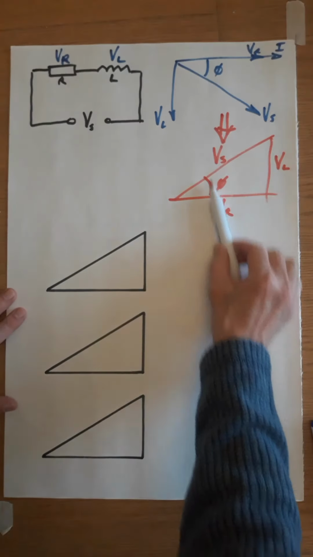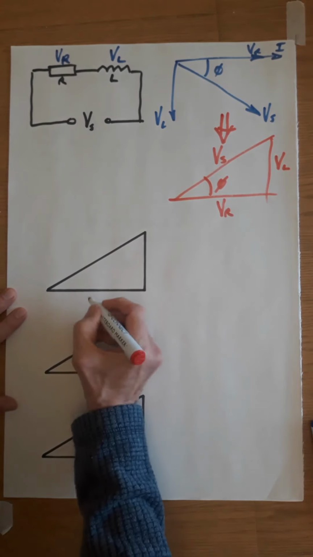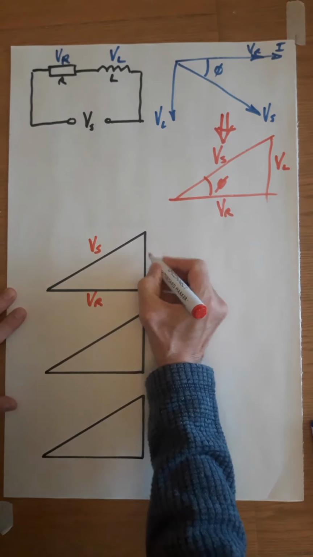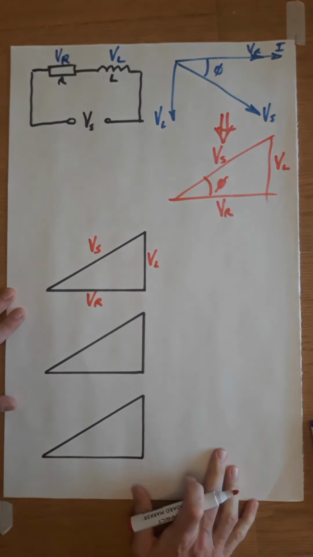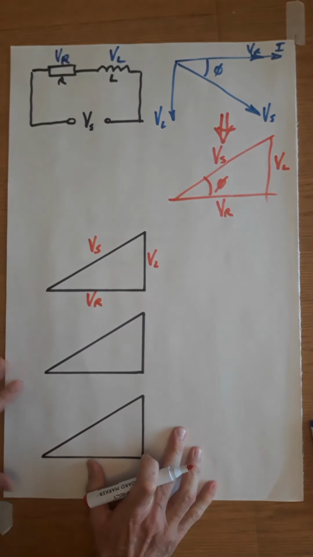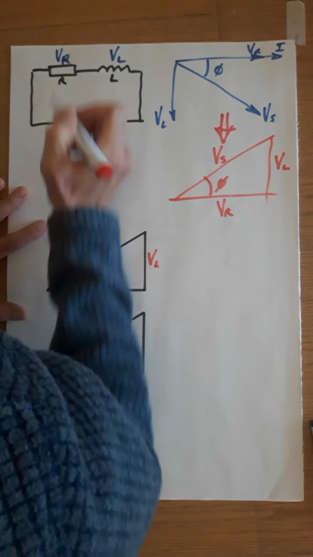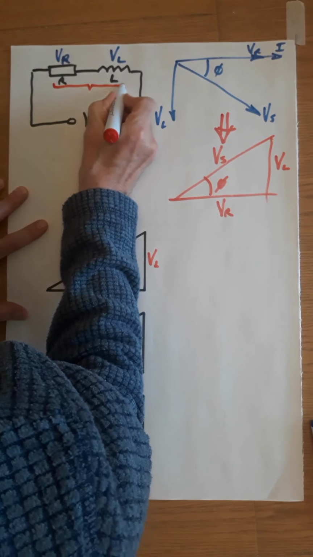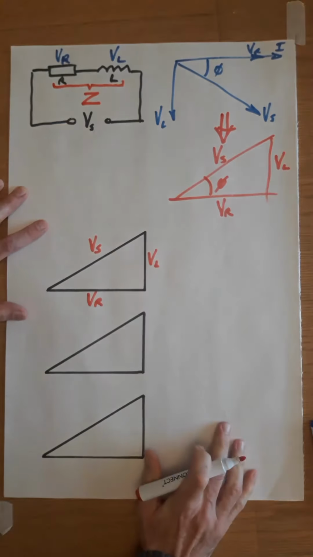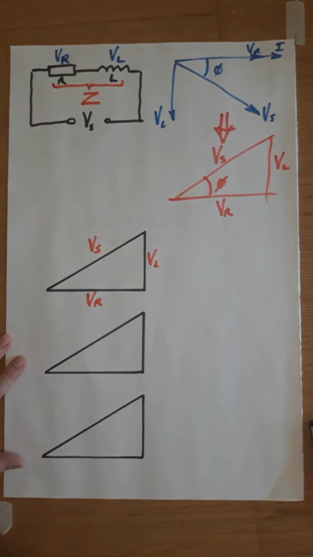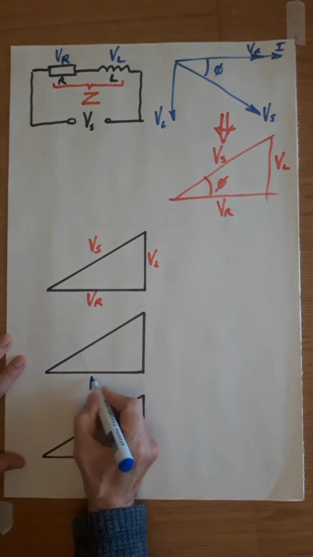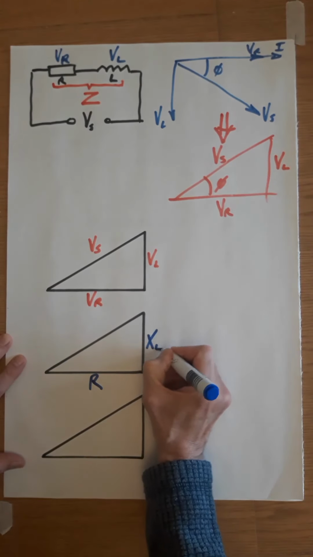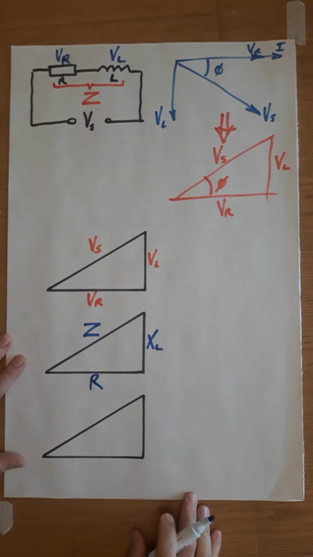So the first step is, if we use these voltages, we have VR, VS and VL. For this same circuit, we have resistance, we have reactance, and the combination of those gives us impedance. So if I come down to this circuit, resistance always the horizontal one, reactance up the side, and impedance is our result.